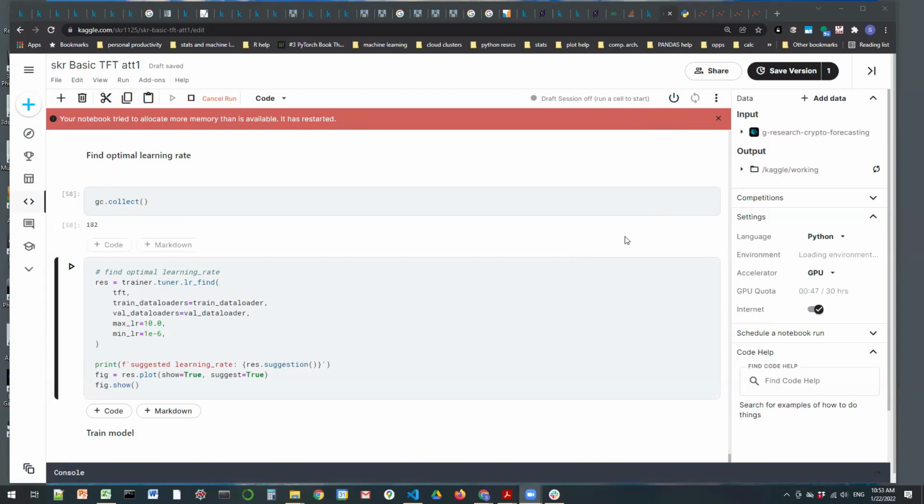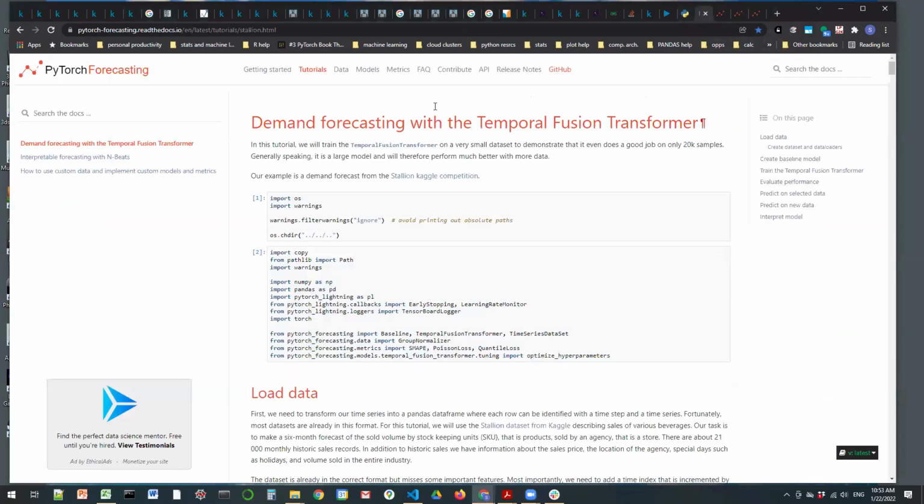Then I found one which supports multivariate forecasting, which is, I think, the temporal fusion transformer. PyTorch forecasting has a notebook example that uses the temporal fusion transformer.